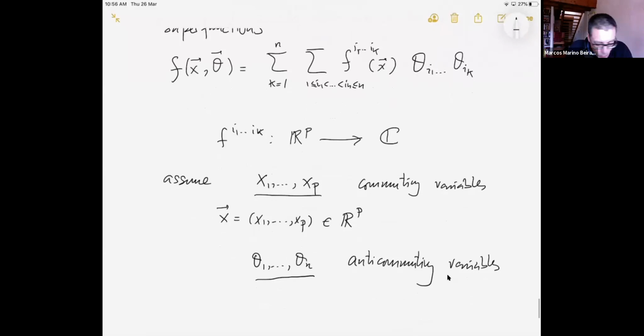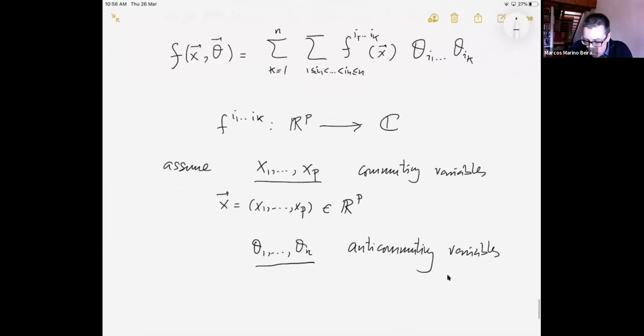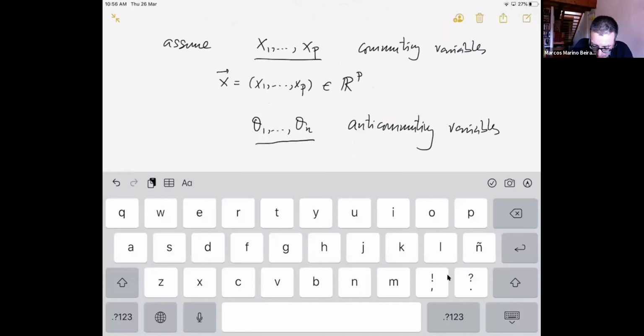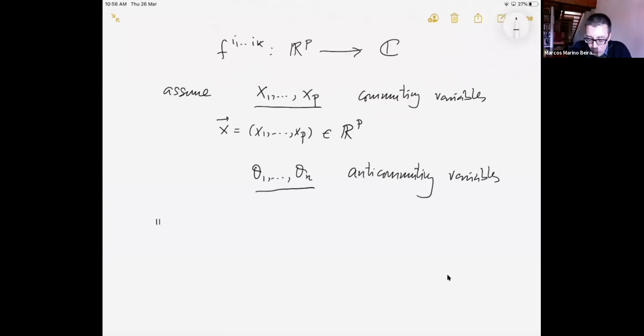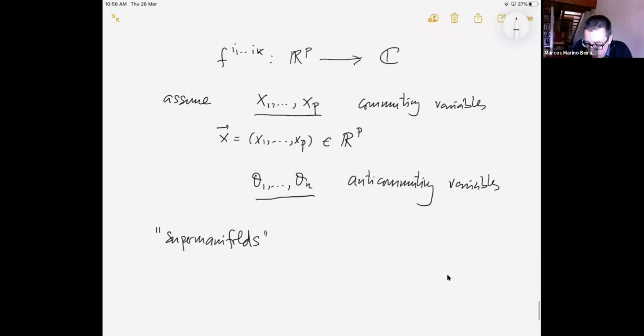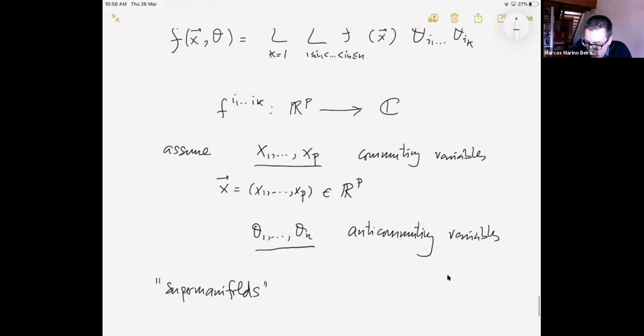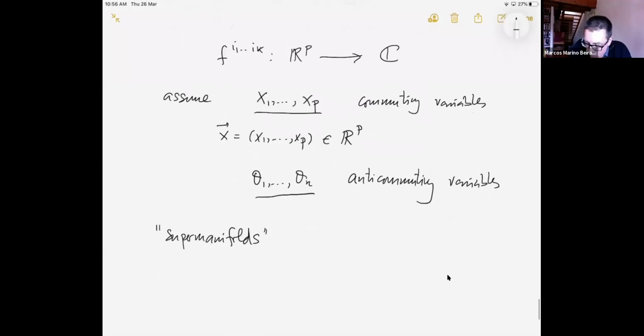Now once you have superfunctions, you can think about this as defining, you know, manifolds are defined essentially by the type of functions that you can have. So you can go on and define supermanifolds. If you have commuting variables in Rp and anti-commuting variables theta 1 to theta n, you talk sometimes about the supermanifold R^{p|n}.